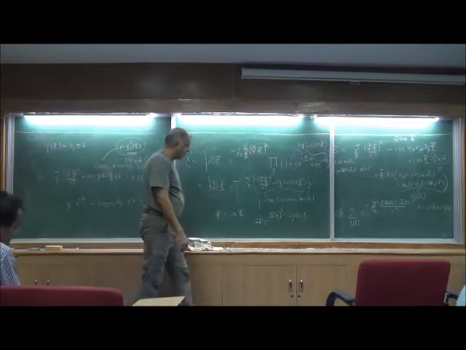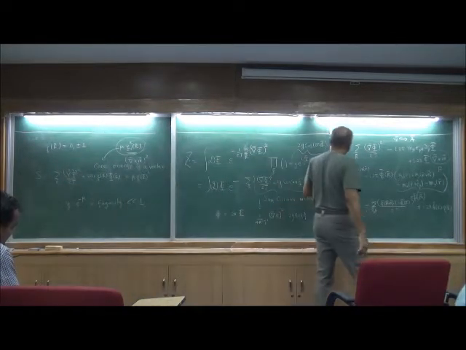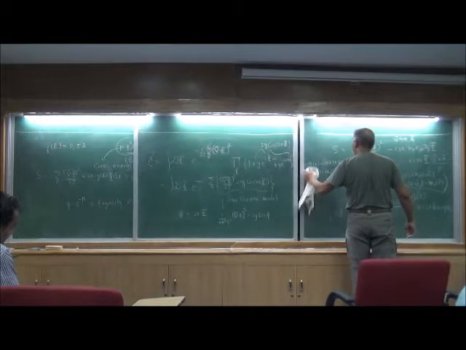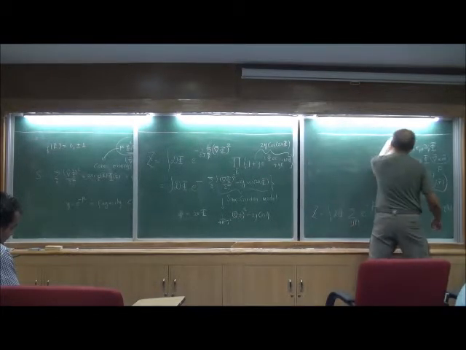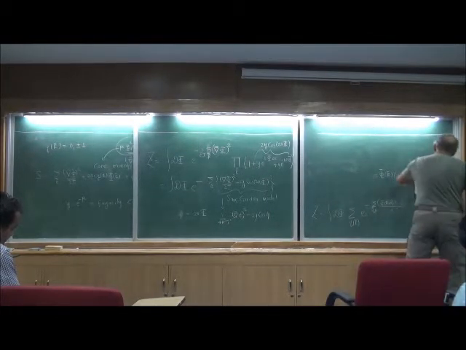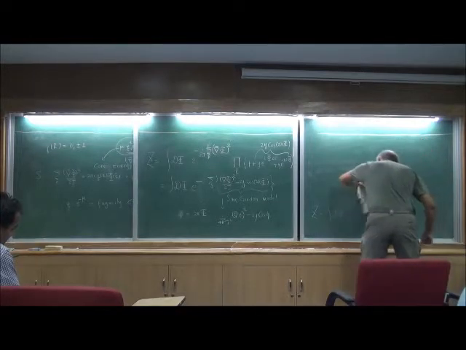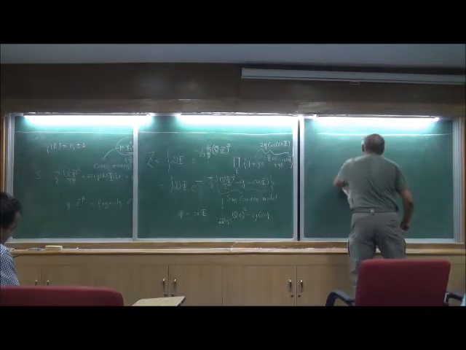Remember, we computed something very much like this when we were looking at the e to the i theta, e to the minus i theta correlation, right? We computed exactly such a quantity. So what was that?